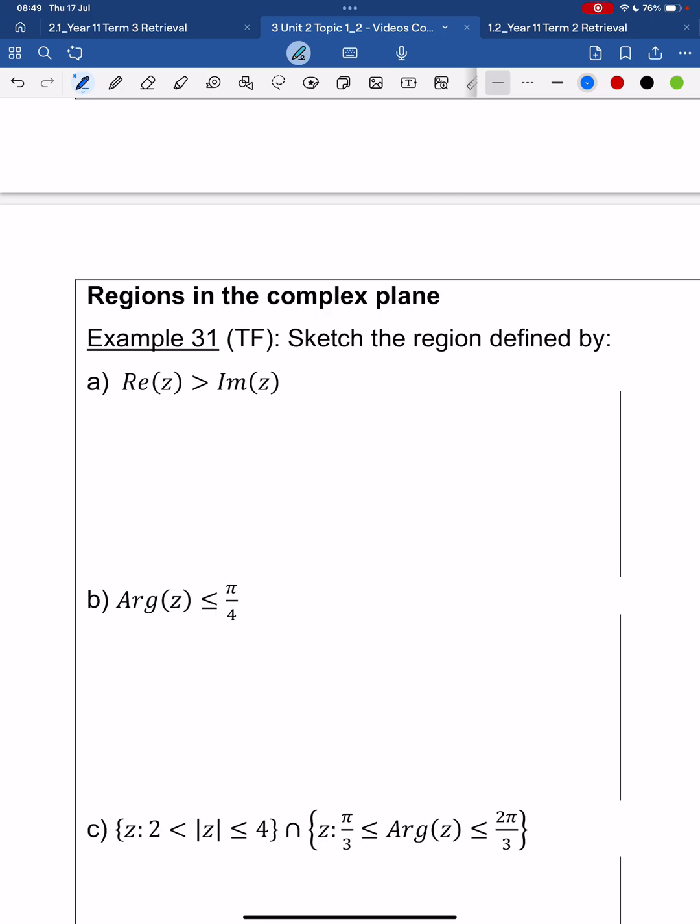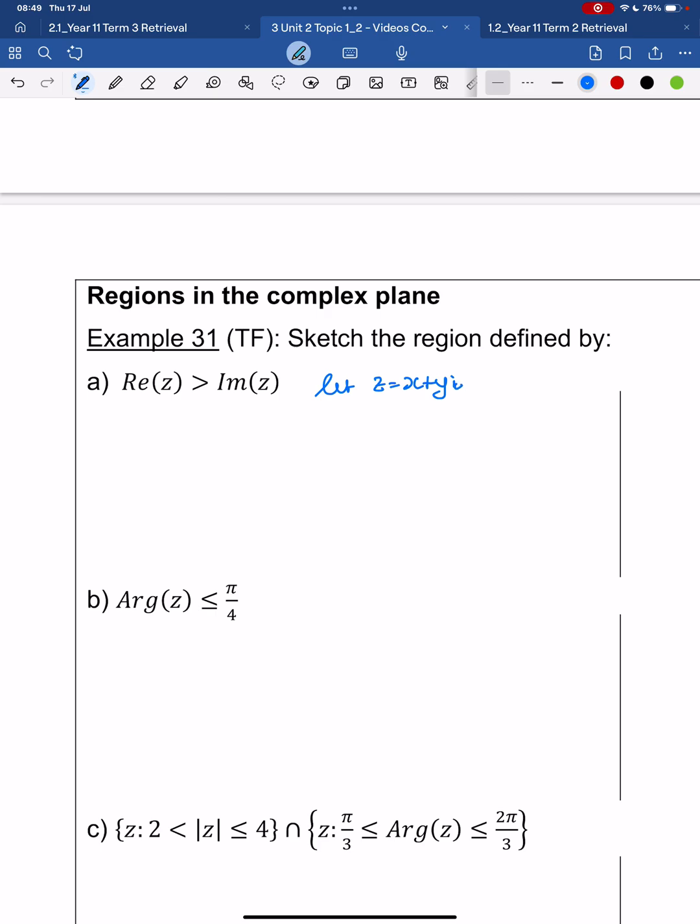Now, again, we don't really know what the real of z is greater than the imaginary of z looks like, but we can follow our process. So we're going to start off by saying, let z equal x plus yi.